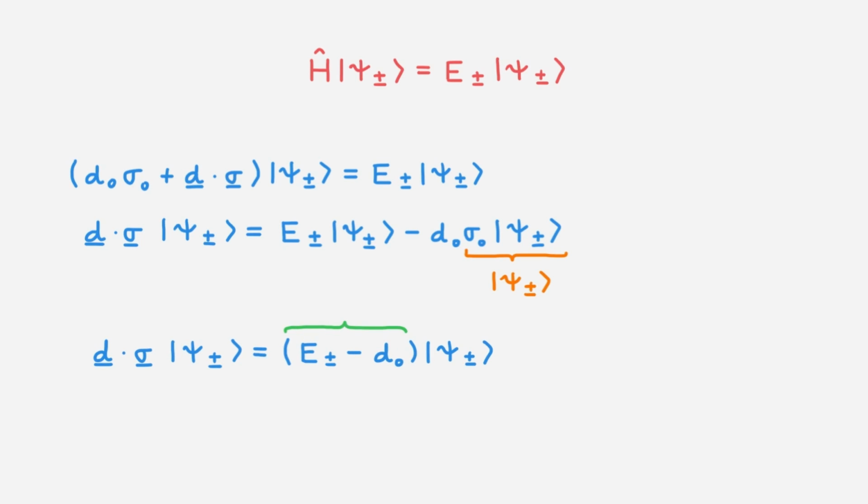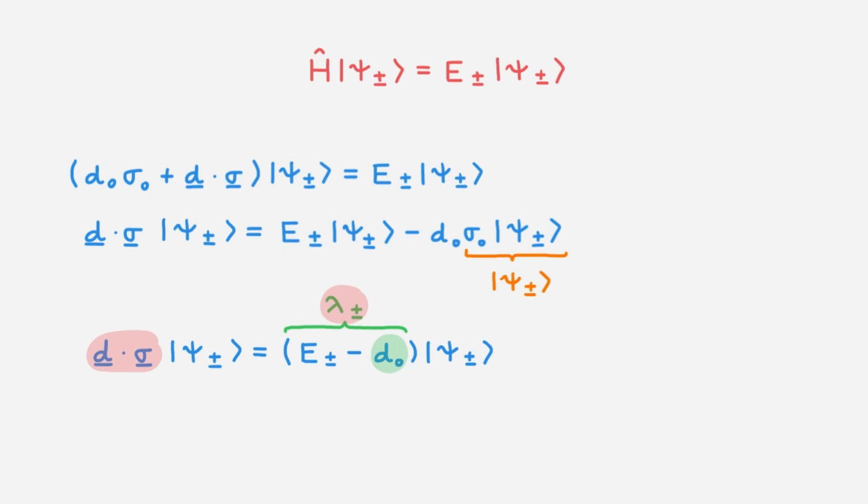This quantity here is a scalar, which we will call lambda plus minus. This result shows that operating with d dot sigma on the Hamiltonian eigenstates gives a scalar times the eigenstates. And that means that the eigenstates of the Hamiltonian are also eigenstates of the operator d dot sigma, and the eigenvalues differ by a constant d0.